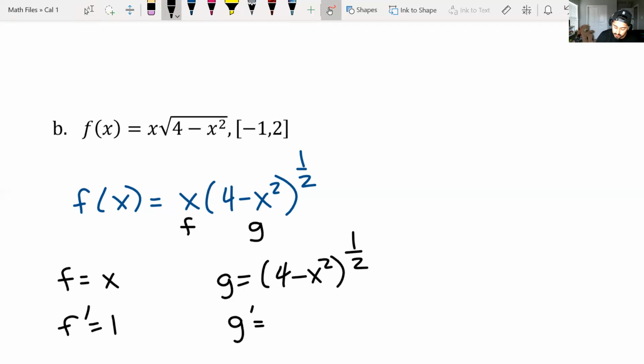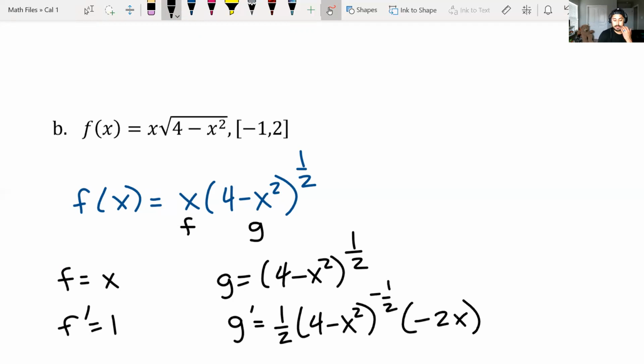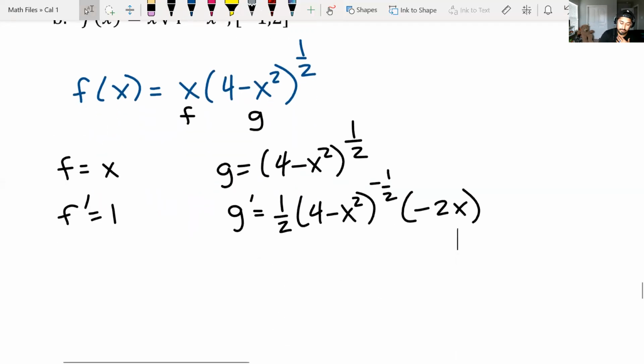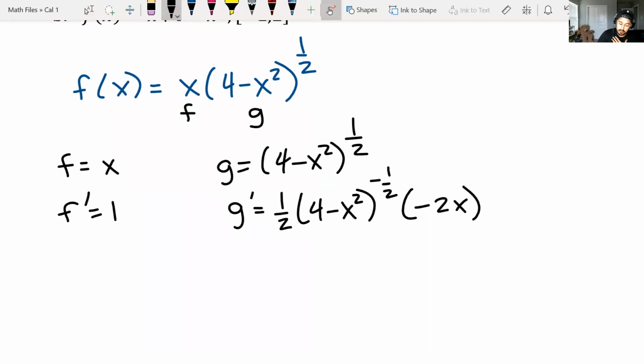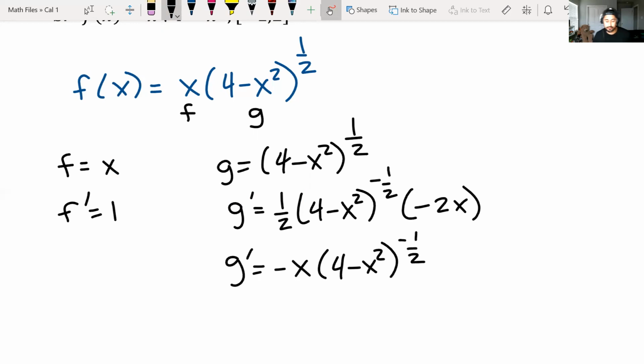G prime is 1/2 times 4 minus x squared to the negative 1/2 times negative 2x. And then G prime gives me negative x times 4 minus x squared to the negative 1/2.